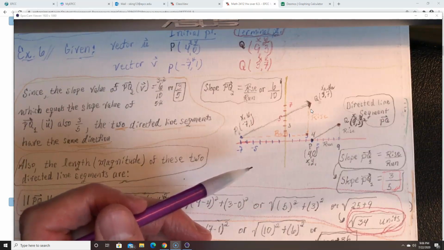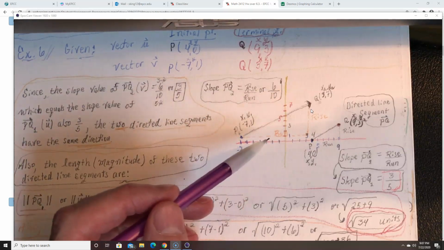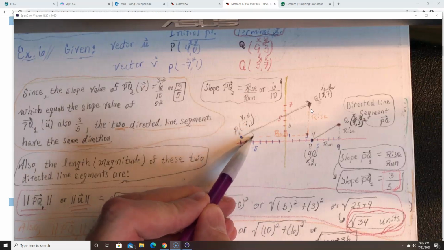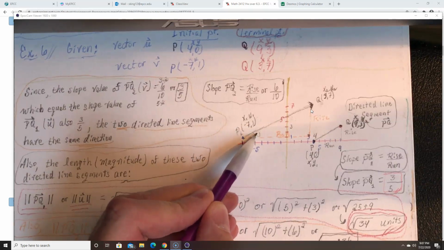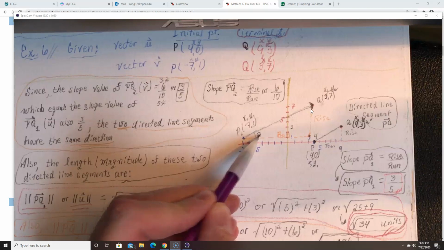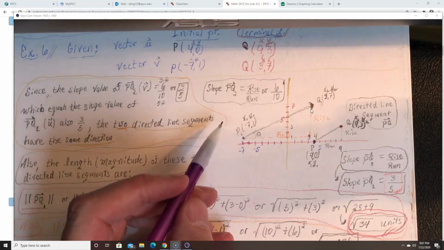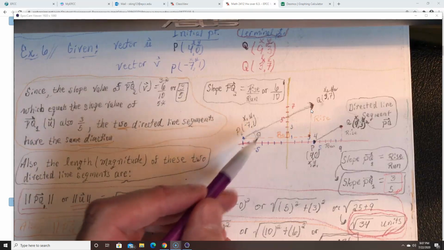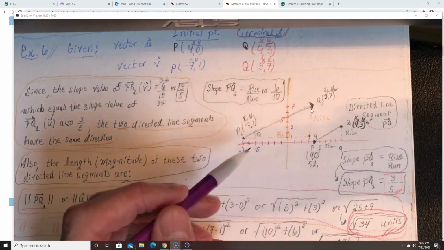And so this is the direction of that vector. Another way to describe the direction is we could use slope. We can also use, which is more popular, this angle right here, and we'll do that towards the end of this lecture video. That ends up being far more useful than just the slope.